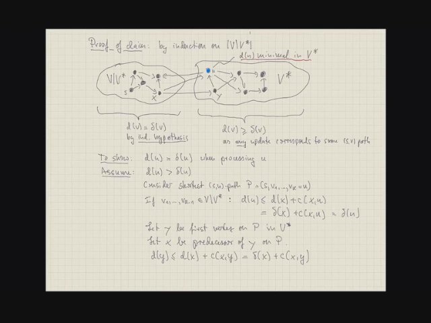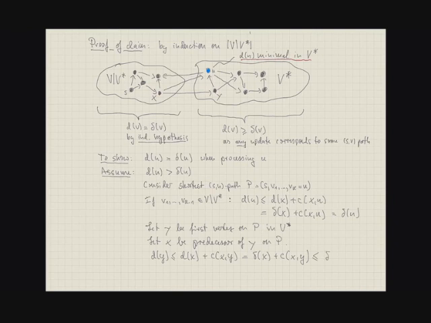And now this amount, delta of x plus the corresponding length of the arc, represents a subpath of the shortest path to get to vertex u. Because all the arc lengths are non-negative, this subpath cannot be longer than the true shortest path to get to vertex u.